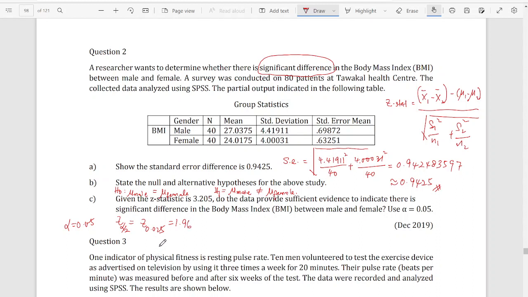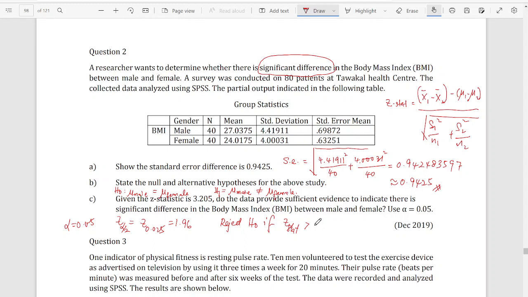Okay, and then compare the value of Z with 1.96. So in this situation, you reject H0 if Z stat is greater than either way, kiri ataupun kanan, so it's between these two values.